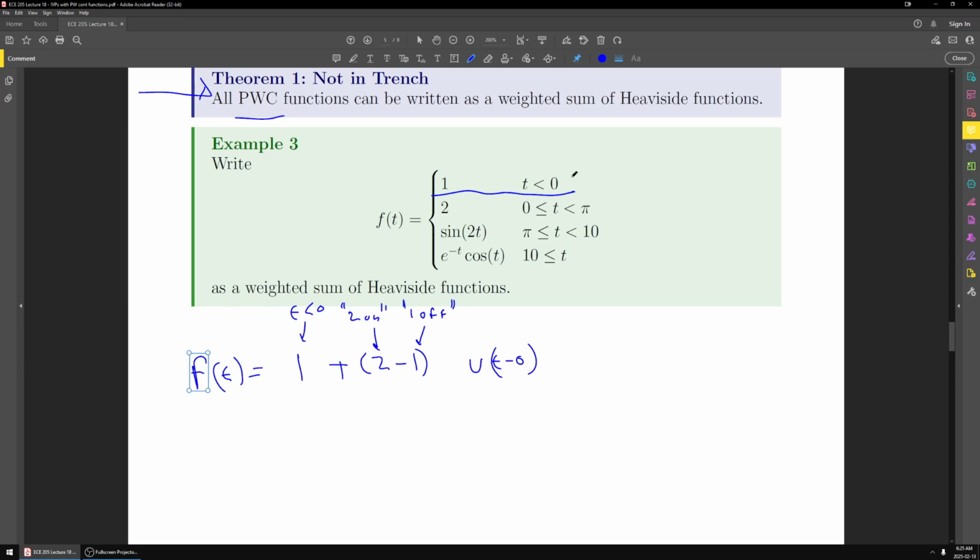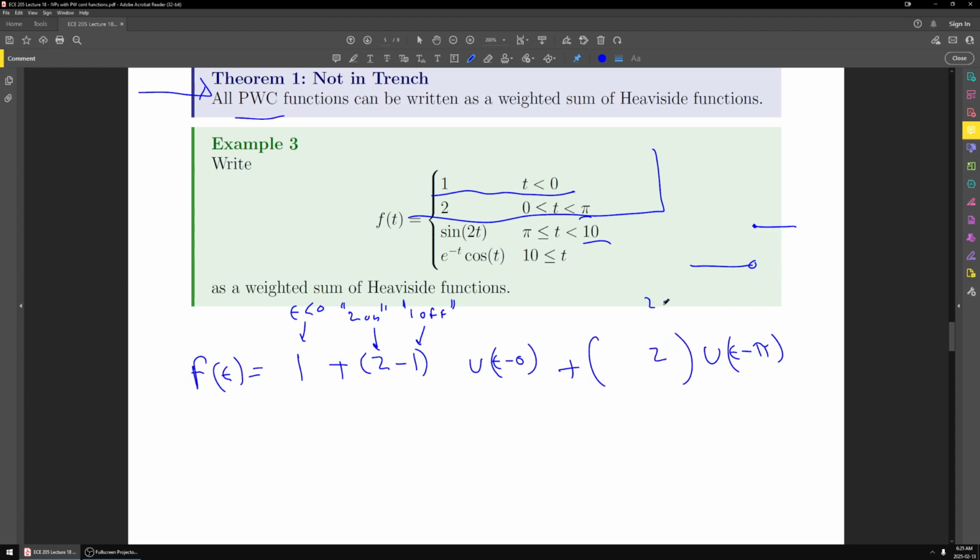Now, if I just repeat this for the rest of these, so pi and 10, then I can get the full form, right? So now, this works until I get to the branch below this little box, right? Until I get to the sine term. So to turn the sine term on, I want t minus pi, right? So this guy is going to be 0 until t is pi, and then it's going to pop up here and turn on, right? So here I want to turn off the 2.